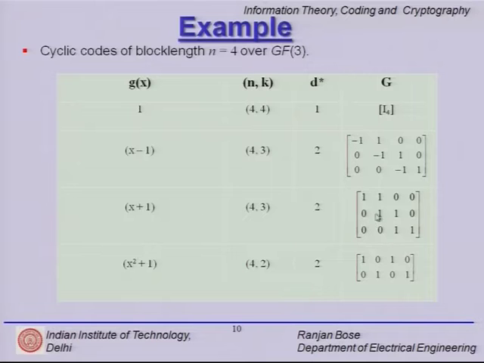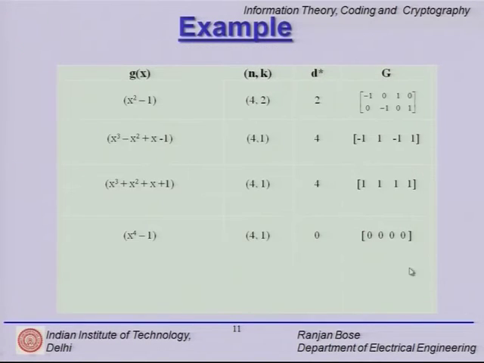Similarly, x plus 1 is different, and for x squared plus 1, again you have n minus k equal to 2, n equal to 4, consequently k is equal to 2, and therefore, we have a parallel definition for a G here. We look at the remaining 4 factors and we can write it out as follows. So, we have been able to get 8 distinct generator polynomials and their equivalent generator matrices from here.